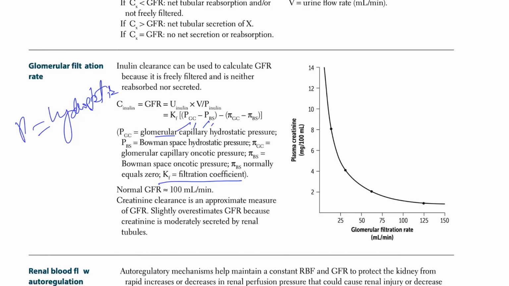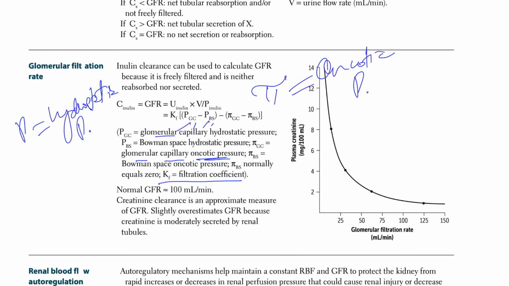And then the other one, you have, again, minus the pi GC, which equals the glomerular capillary oncotic pressure. So P equals hydrostatic pressure, and pi, or whatever you want to call that, equals the oncotic pressure.